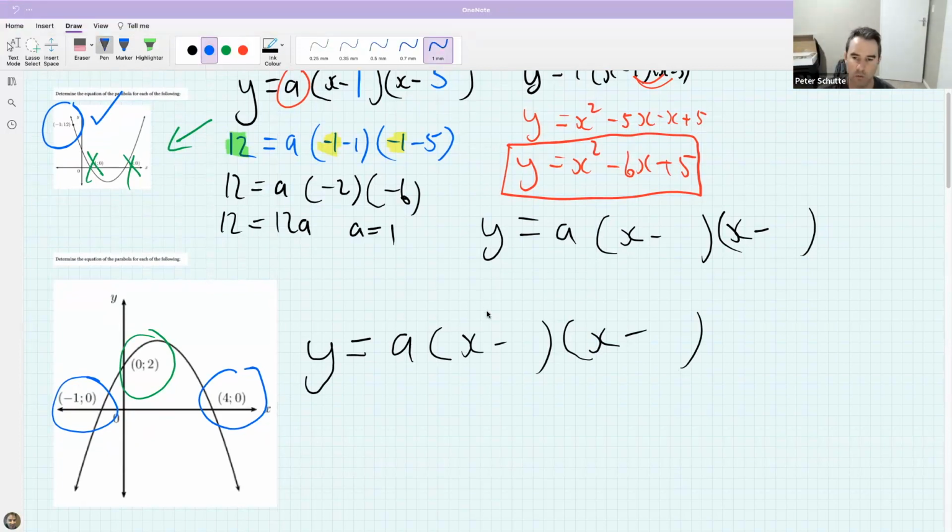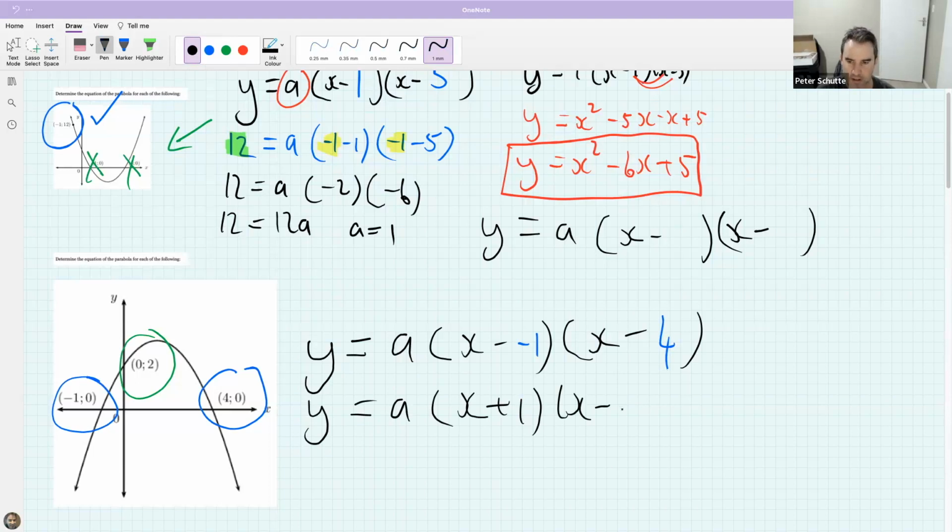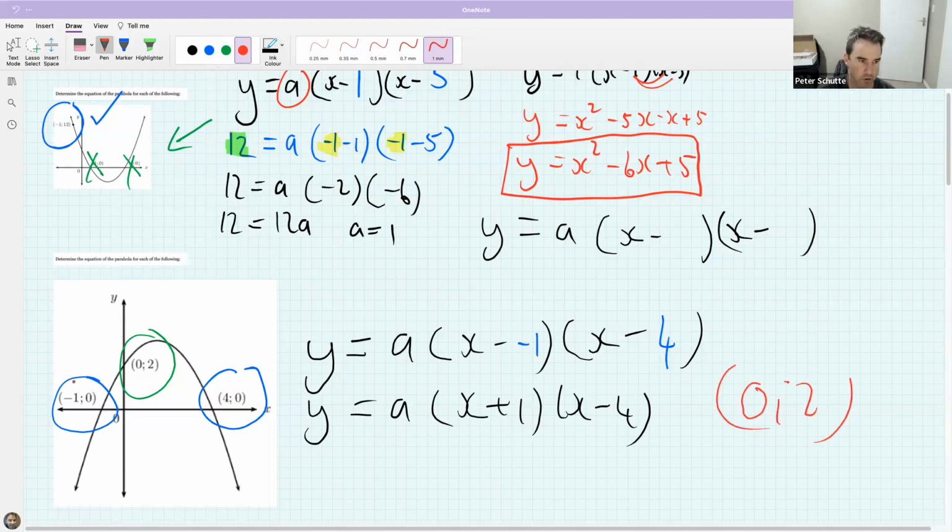So we're going to go minus 1, yes, and then you're going to go minus 4. But what is sneaky is that this is going to be plus 1 and this is going to be minus 4. Now you have to sub in the point (0, 2) because you've used up these ones and you only have that one left.